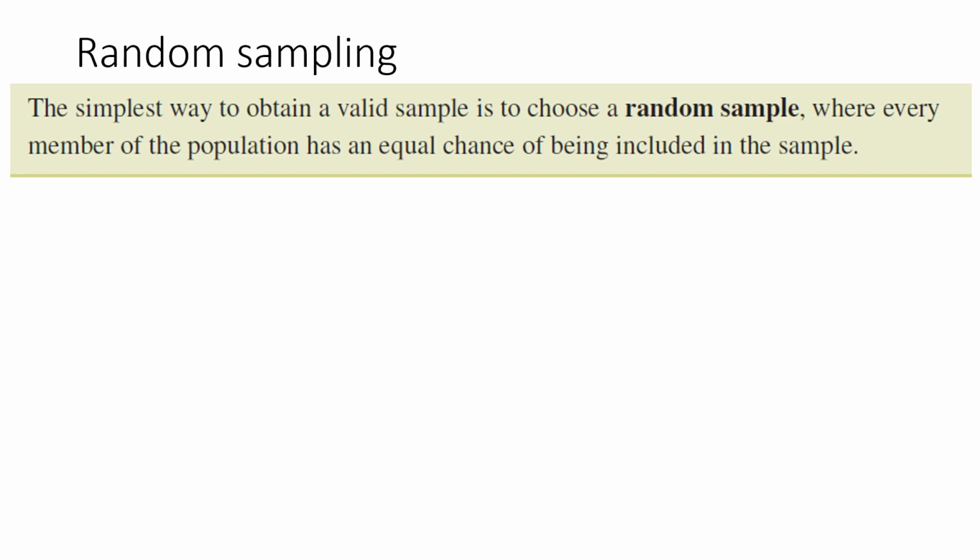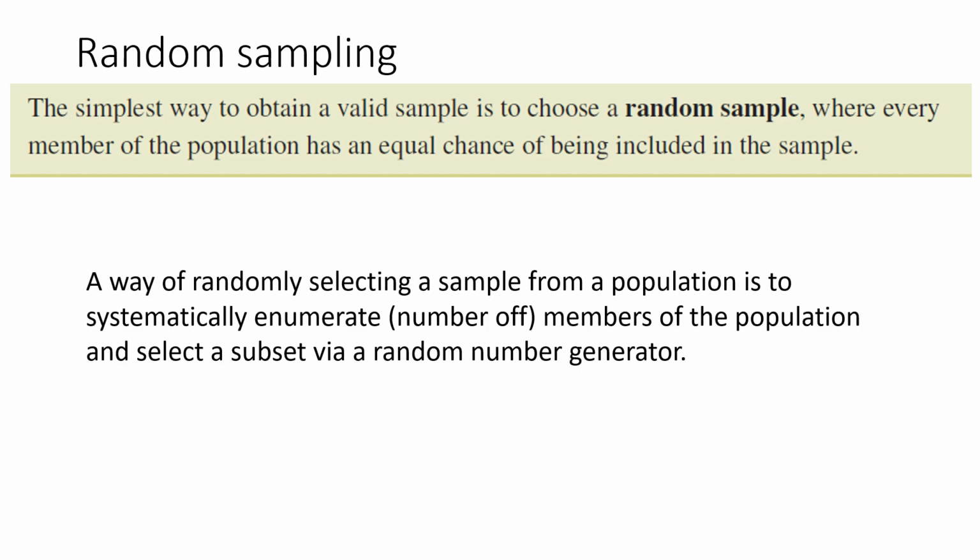Now, the simplest form of random sampling is to enumerate, number off all members in the population and get a random number generator, create enough random numbers to create a subset of the whole population, and then you make your poll those people randomly selected that way. So that would be one way of randomly selecting a sample drawn from a large population, via a random number generator.